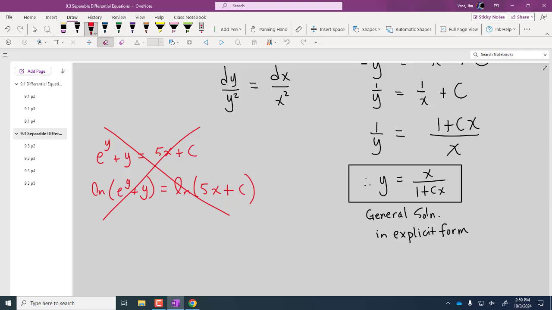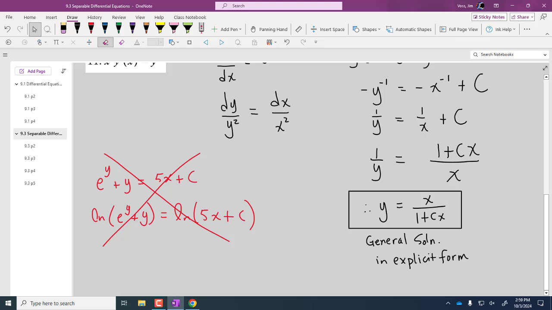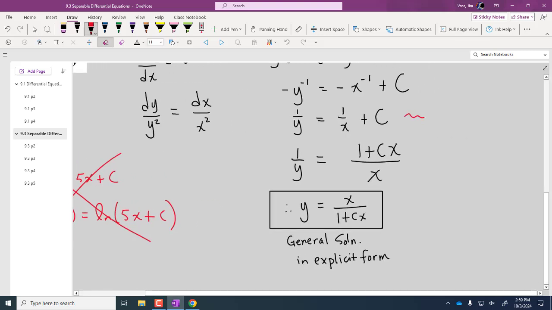When you have that 1 over y is 1 over x plus c, if you put everything to the -1, could you still write it as y equals x plus 1 over cx? So you're saying just put everything to the -1, so if you reciprocate, make this y equals 1 plus x plus c to the -1?